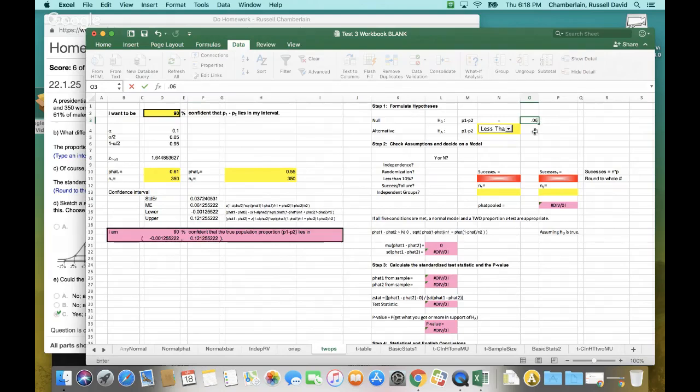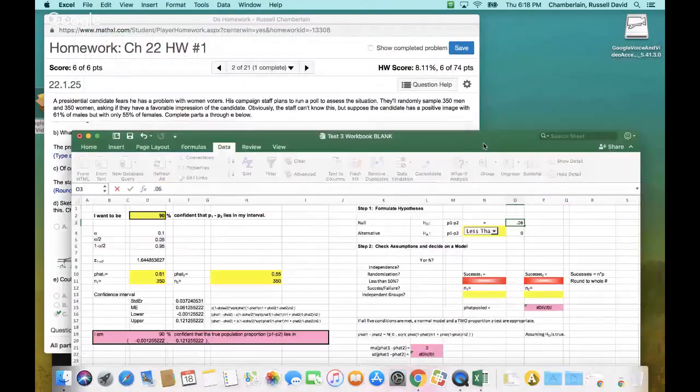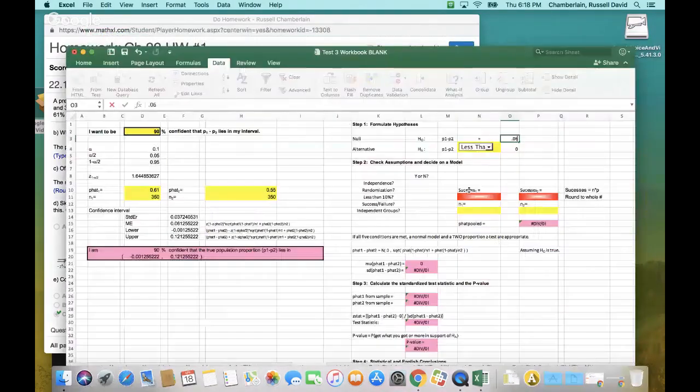Successes equals 350 times, so I'm doing NP, times 0.61 for our N1 is 350.